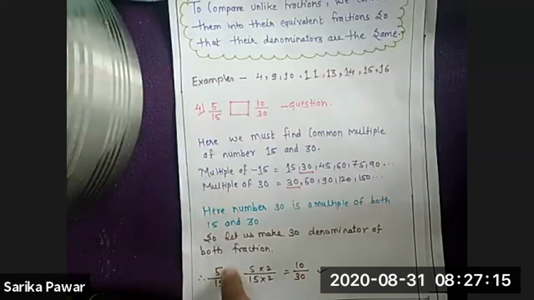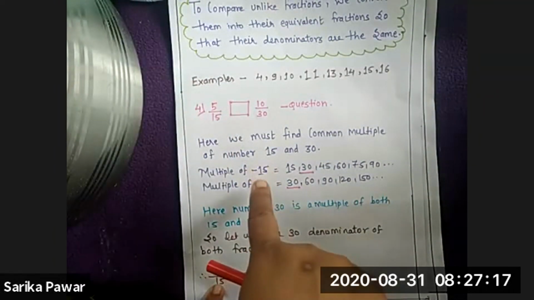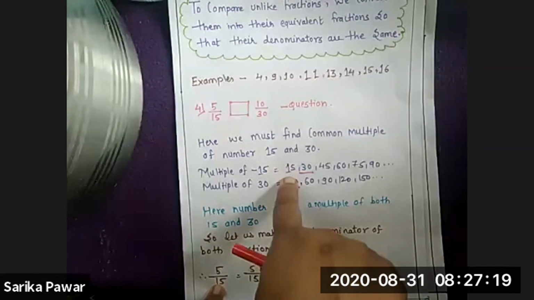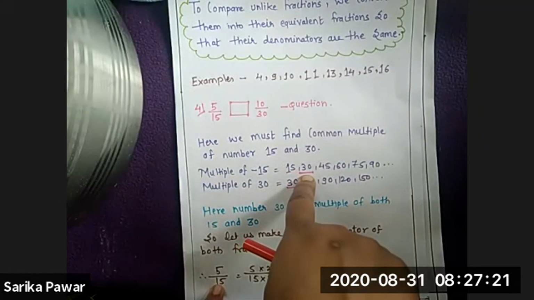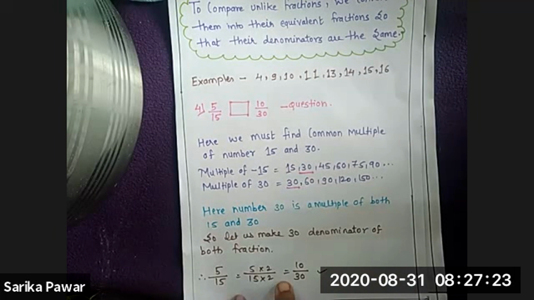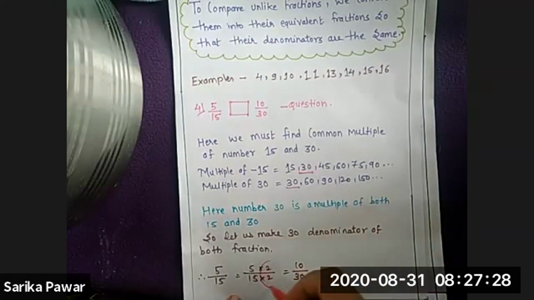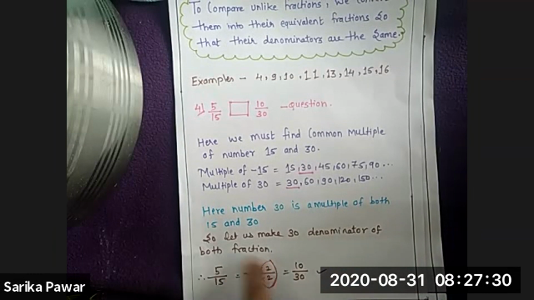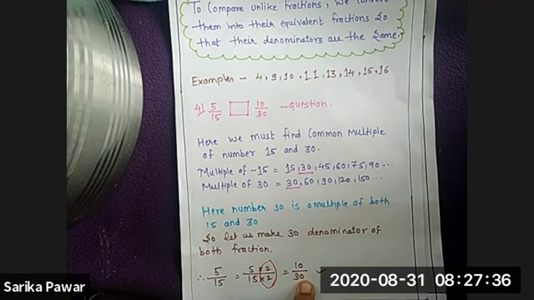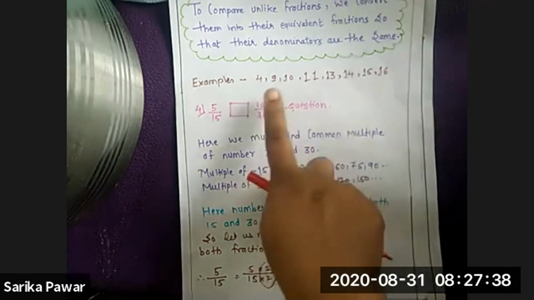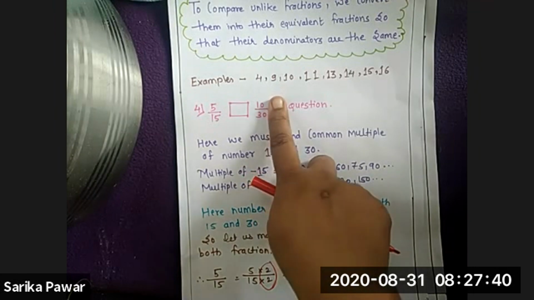5 upon 15 I wrote here, and 15 ones are 15, 15 twos are 30. So here I multiply by 2, so in the numerator also I will multiply by 2. So 5 twos are 10, 15 twos are 30. Right? Now the second part, 10 upon 30.